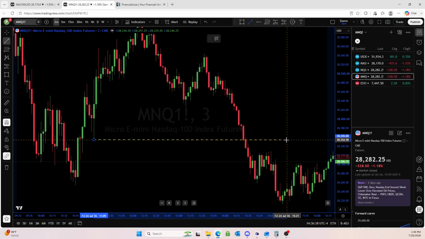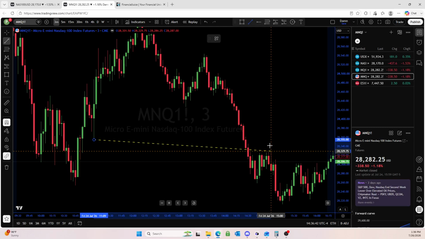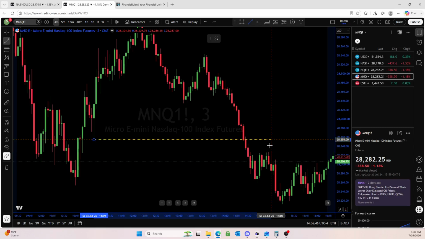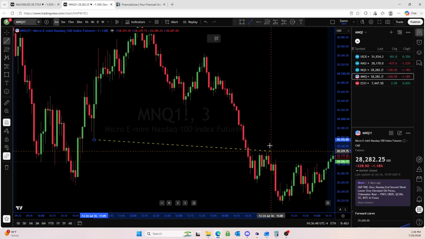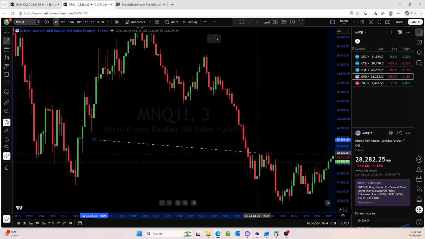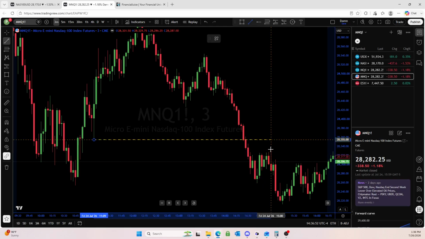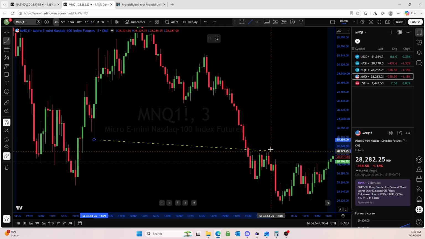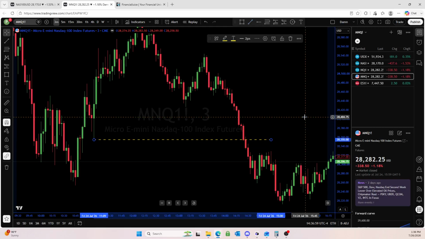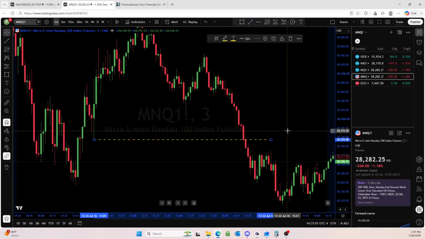How do I make sure that it gets completely straight? If you just hold shift, it'll automatically move it straight. You release shift, it's back to wherever the magnet has it. Hit shift, it's straight. Unclick shift, it's not. So if you hold shift and you press the release button, which is the left mouse, then it'll go straight.